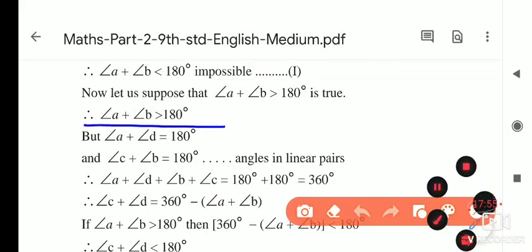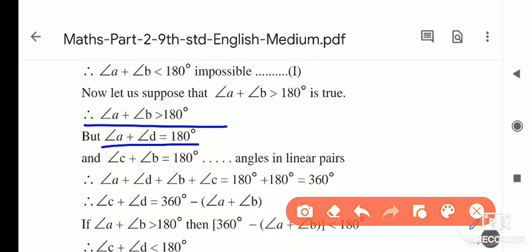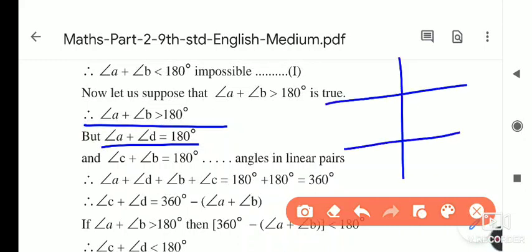I will draw the line so you will understand. Here it is A, B and C, and here it is D. A plus D is equal to 180 degrees. C plus B is also equal to 180 degrees, because they are in linear pairs.